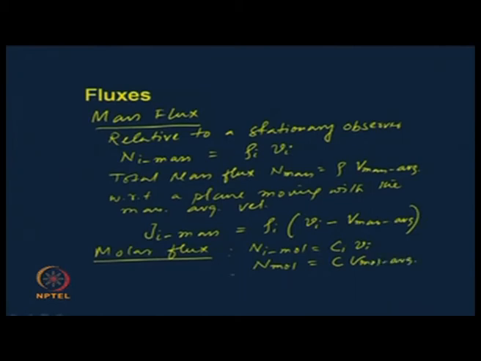If this flux is defined with respect to the molar average velocity, then J i mole we can write C i times v i minus v mole average. The relations between the mass average and molar average velocities we can write from the above correlations.